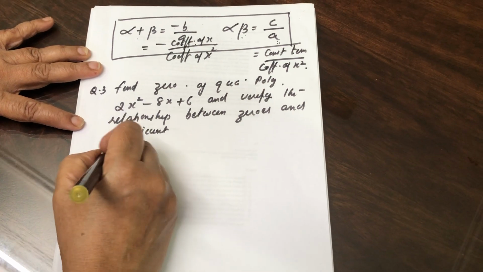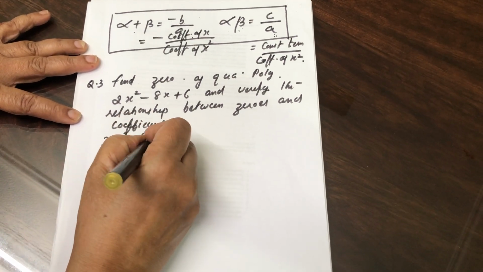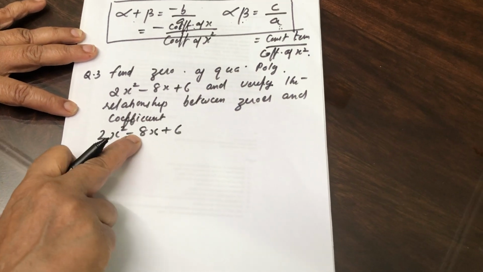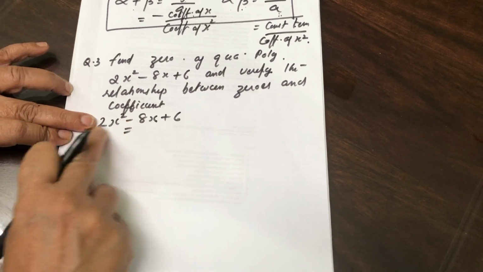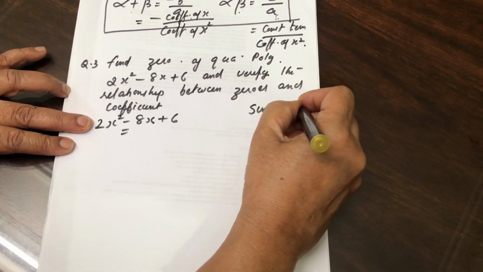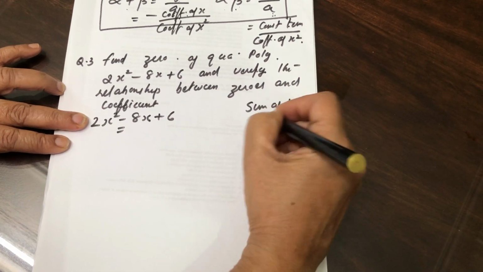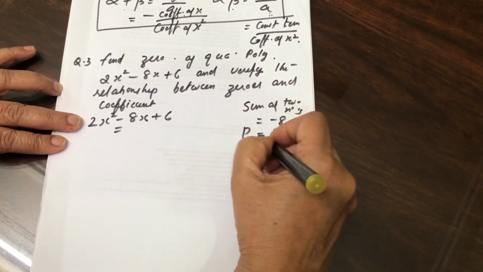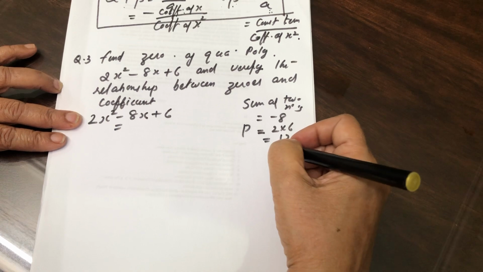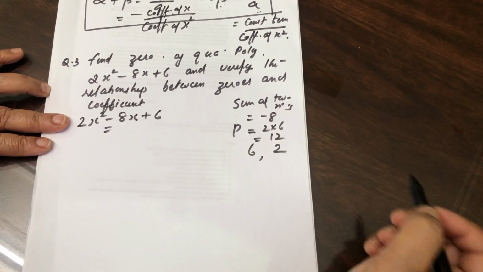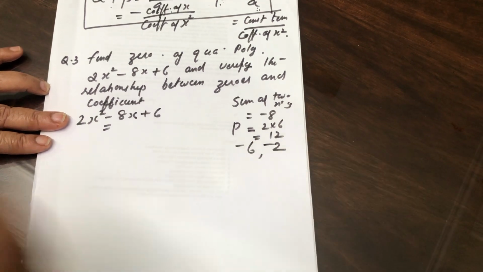First, let us factorize this. Sum of the two numbers is minus 8, product is 2 into 6 is 12. So we have to get 6 and 2, 6 twos are 12, but sum is minus, so both minus.